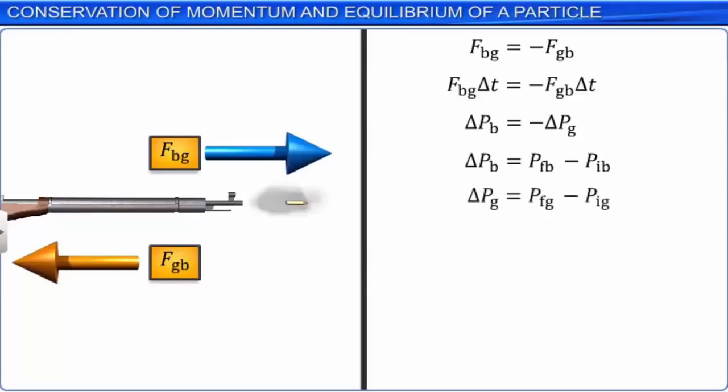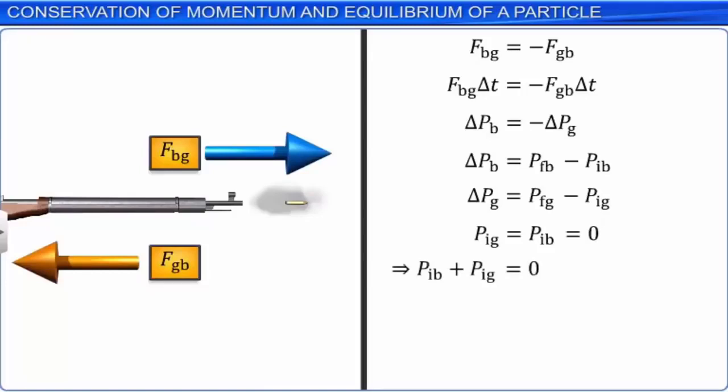Initially, the gun and the bullet are at rest. Hence, their initial momenta Pig and Pib are zero.